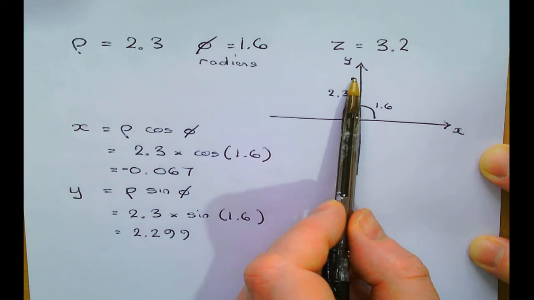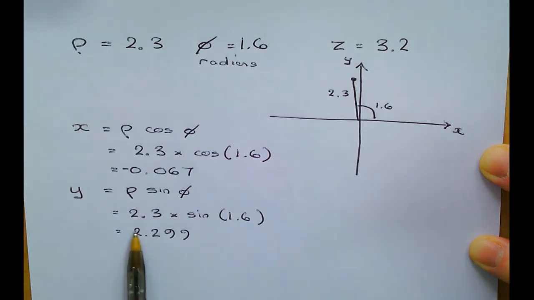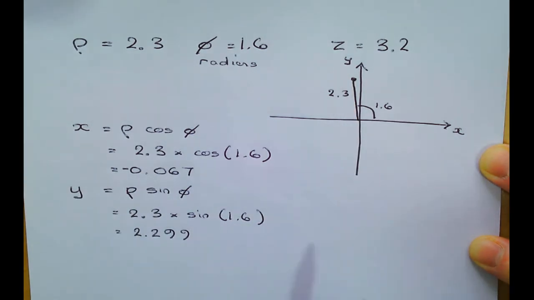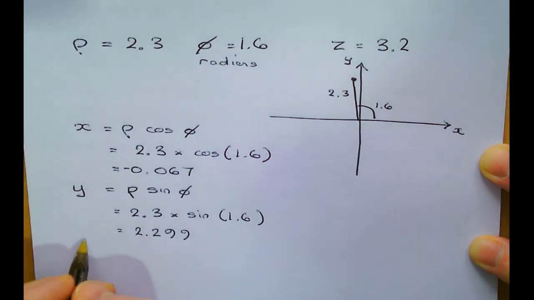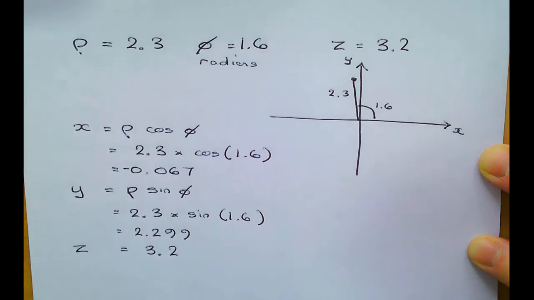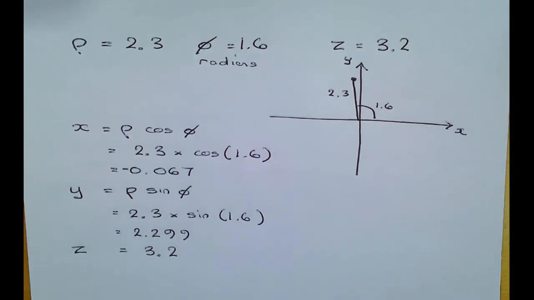It's just curved at an angle here, so we get something marginally less than 2.3 and a small negative result for x. And of course, z, it's the same z. Z remains as 3.2. So here we have the values of x, y, and z.